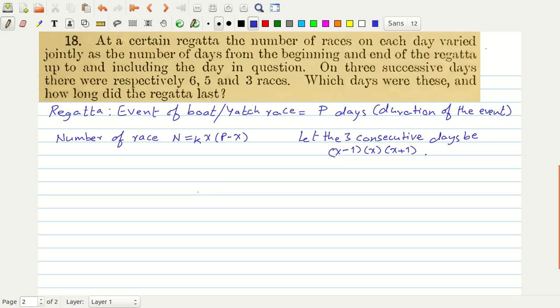These are the 3 consecutive days. What it is saying is, on the x minus 1th day the number of races were 6. So we have 6 is equal to some constant k, x minus 1th day, times p minus x minus 1.